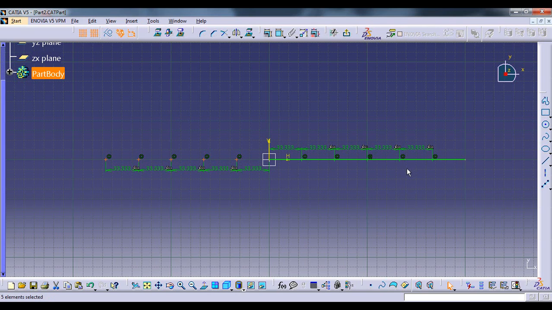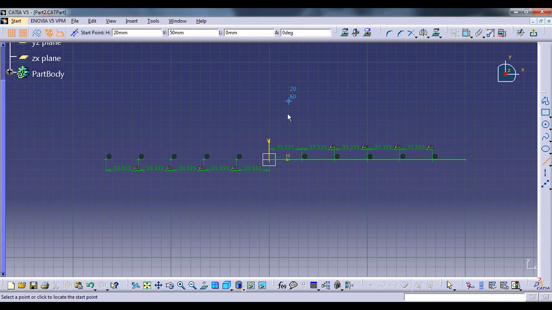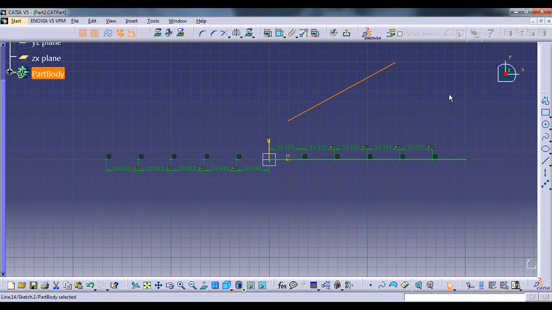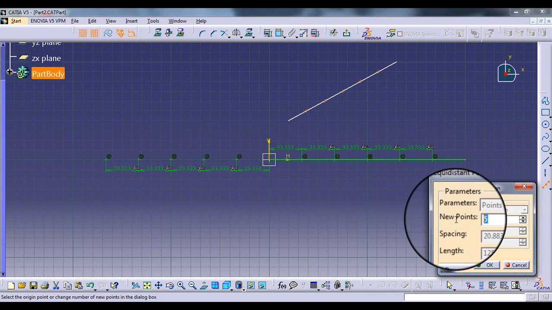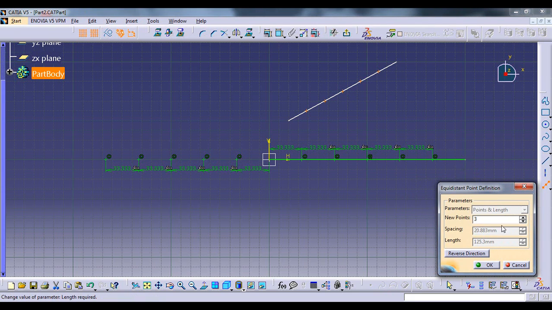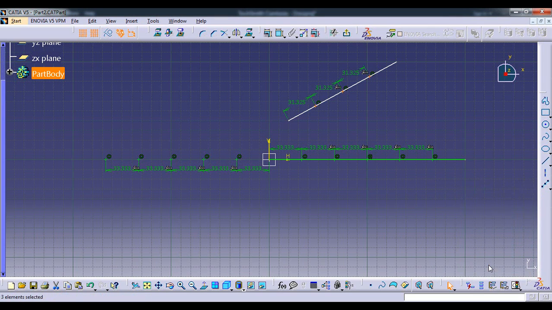To have more clarity on this, I will make another line which is not horizontal, but a somewhat inclined line, and I will select this command again and choose this line. I will plot 3 points, and now I will press OK.